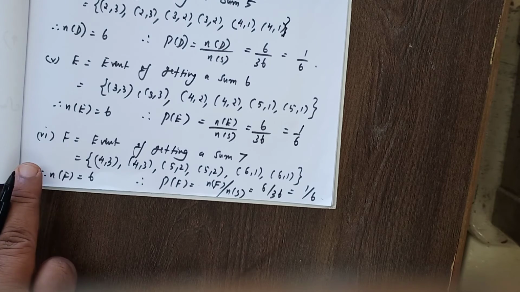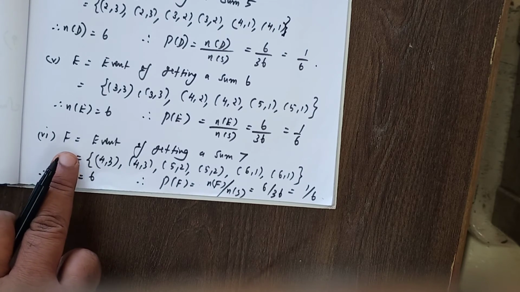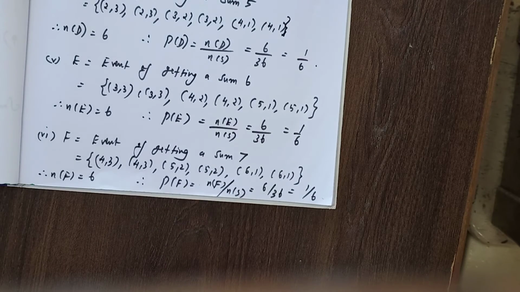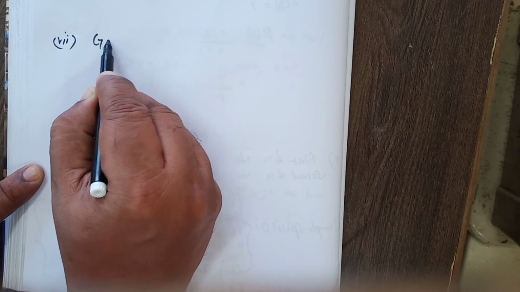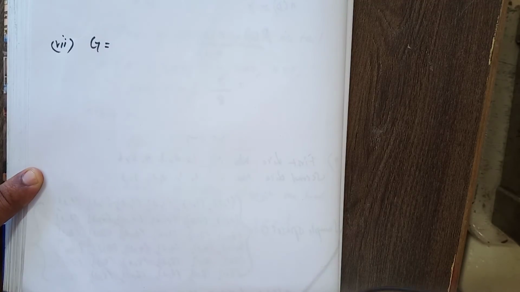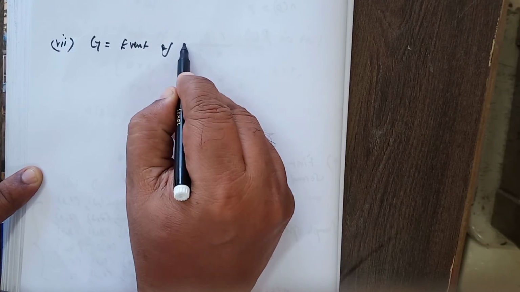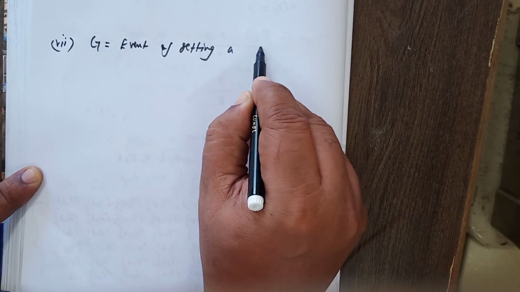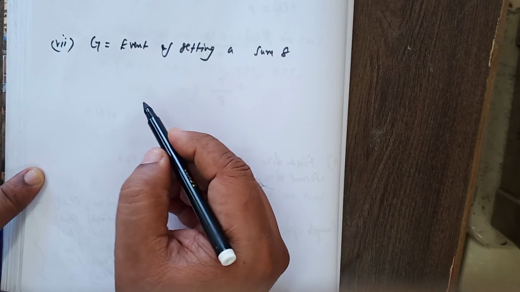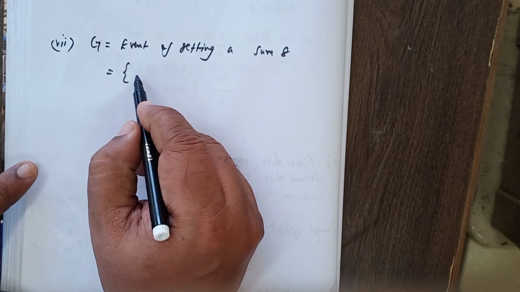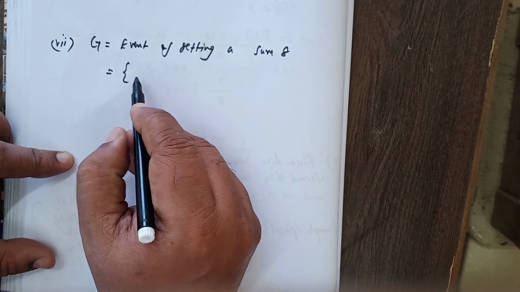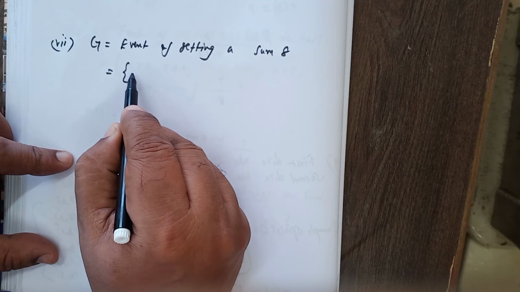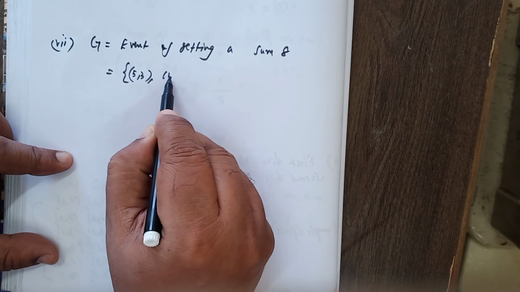Now seventh subdivision, G equals event of getting a sum 8. Sum 8, what are they? First row, no. Second row, no. Third row, no. Fourth row, no. Fifth row, we have 5, 3, again write 5, 3.